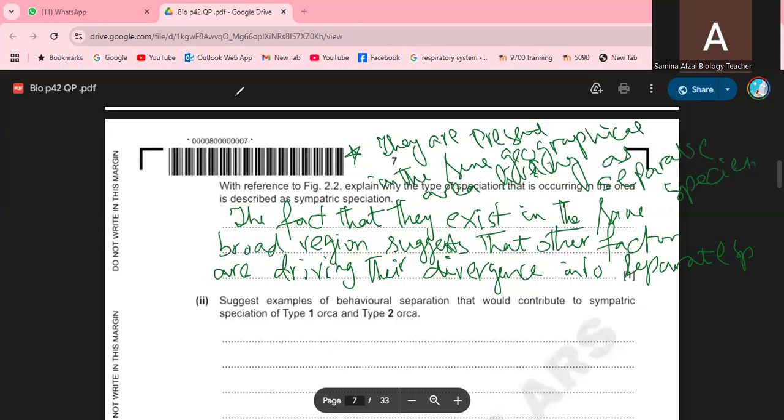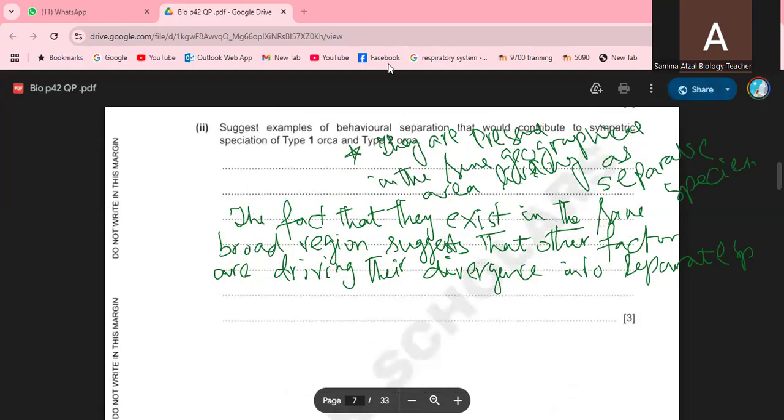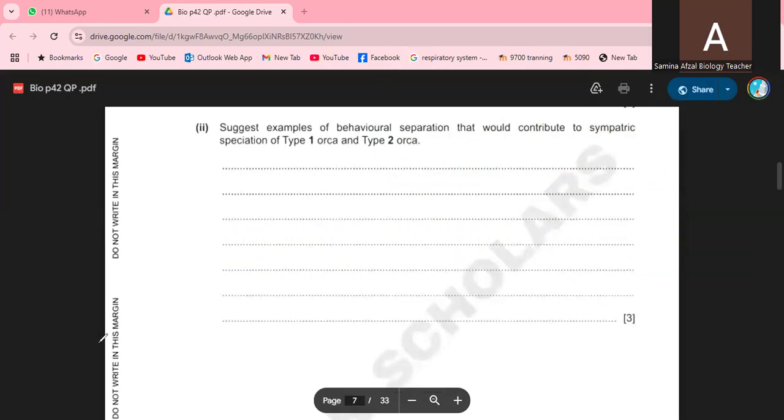Now, the next question is: suggest examples of behavioral separation that would contribute to sympatric speciation of type 1 and type 2.